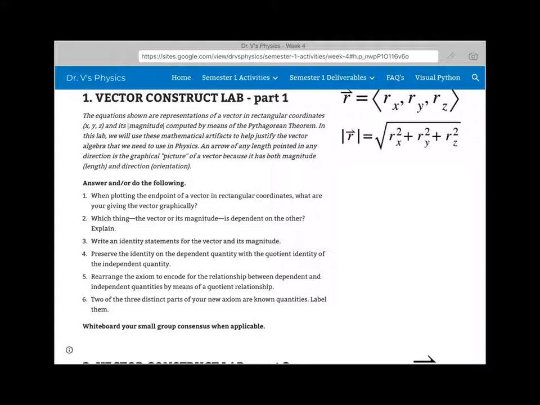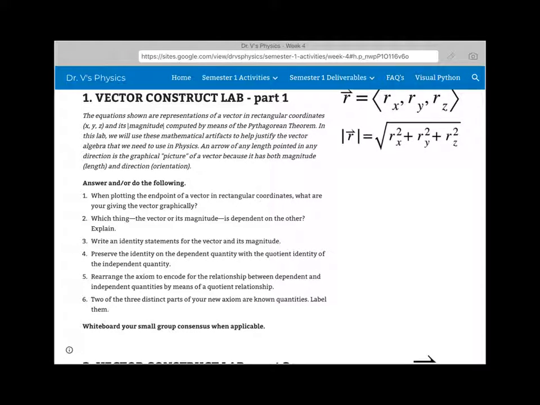Any thoughts? So we only have two choices, really, right? Either the vector is dependent on its magnitude, or the magnitude is dependent on the vector.